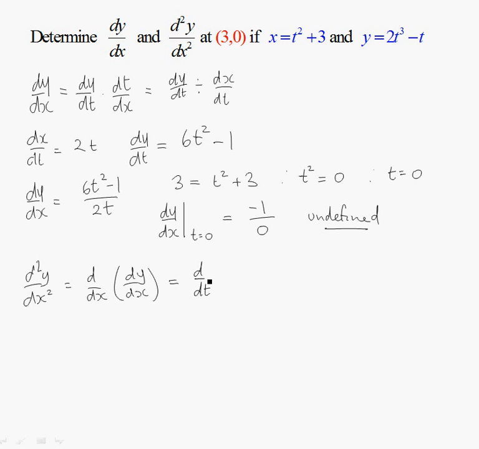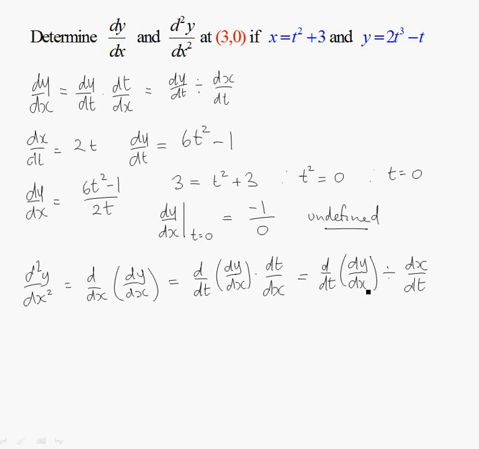We can't differentiate in terms of x, so we differentiate in terms of t, and then what we must do is multiply by dt by dx. And multiplying by dt by dx is the same as dividing by dx over dt. So we've got the same sort of divide by dx by dt as we had up here. Okay, so let's give that a go.